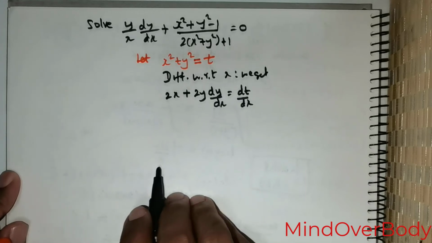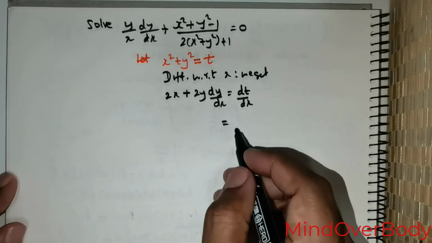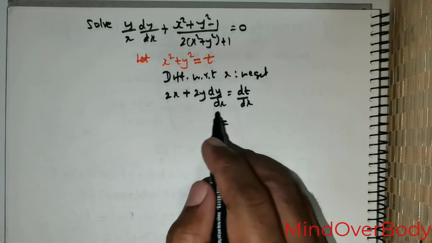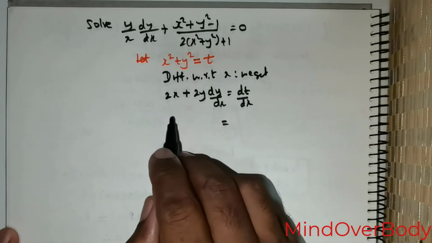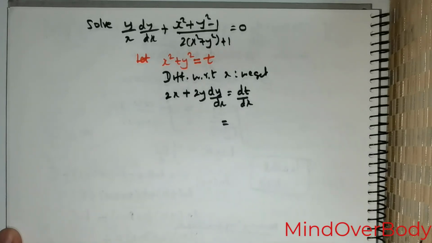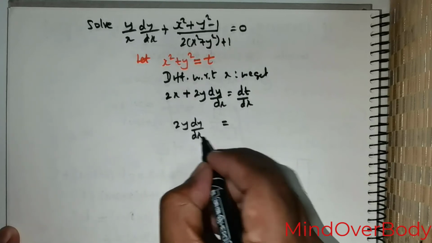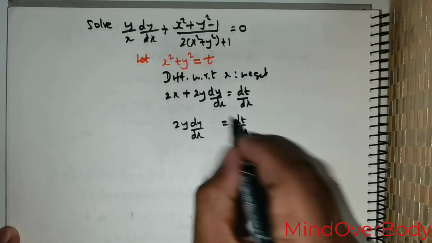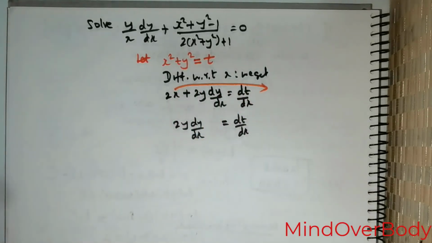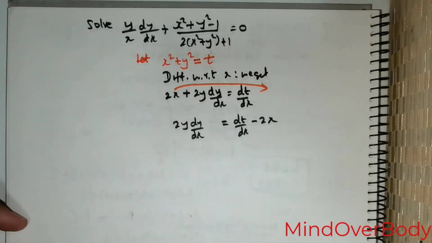Now what I would do is I would just retain dt/dx on one side, and I will try to move the quantities of x to the other side. So this is going to be 2y dy/dx is equal to dt/dx. I am going to move this 2x to the right, and that's going to be −2x.